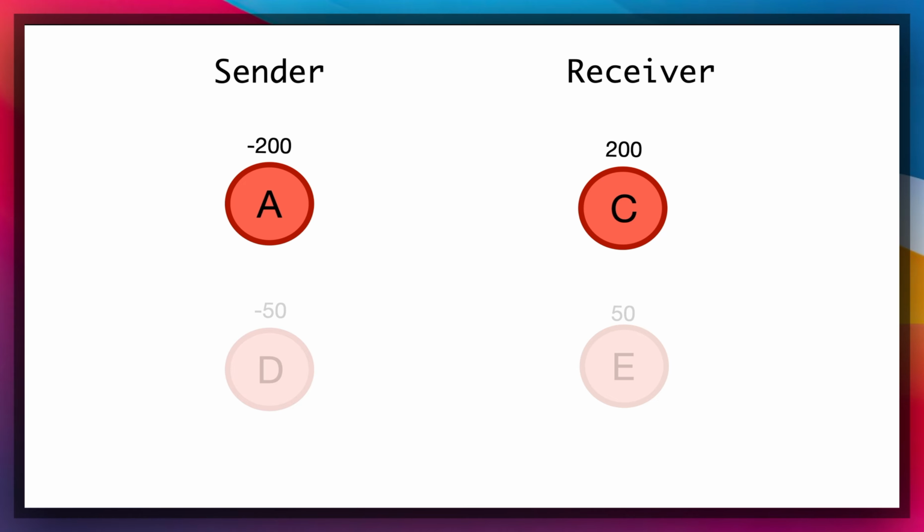Okay. And further, we will not pick the senders randomly. Instead, we'll pick the senders in the sorted format. For example, we'll pick the sender with minus 200 first, then we'll pick the sender with minus 50, and so on and so forth. Okay. So this is the greedy solution which would help us to minimize the transactions.